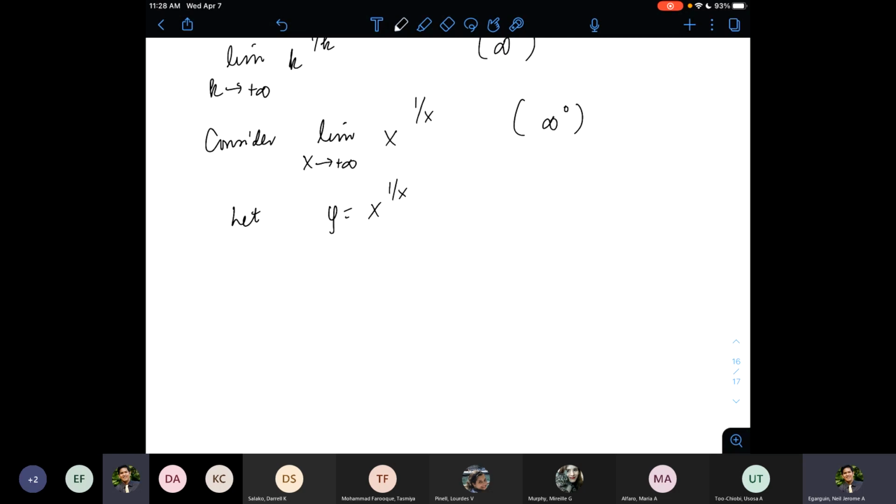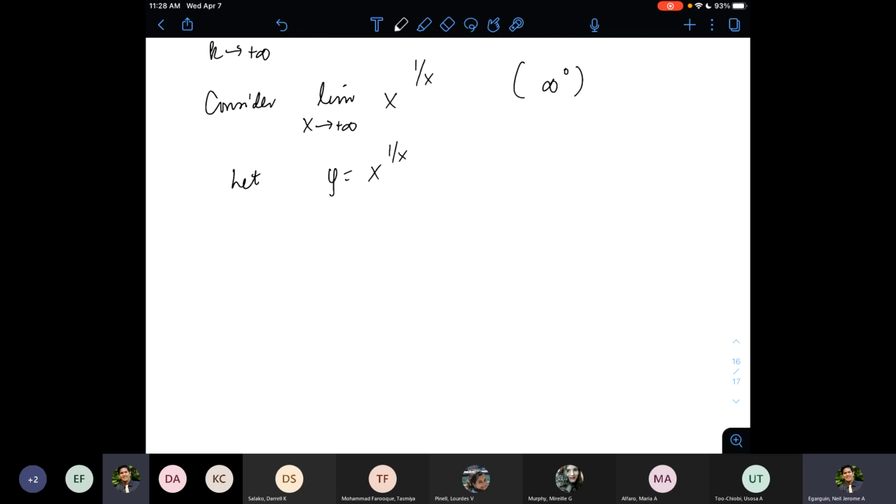Whenever there's an indeterminate form due to an exponent, we'll take the natural logarithm. So it's helpful to make this substitution, y equals x to the 1 over x. Take the natural log of both sides.